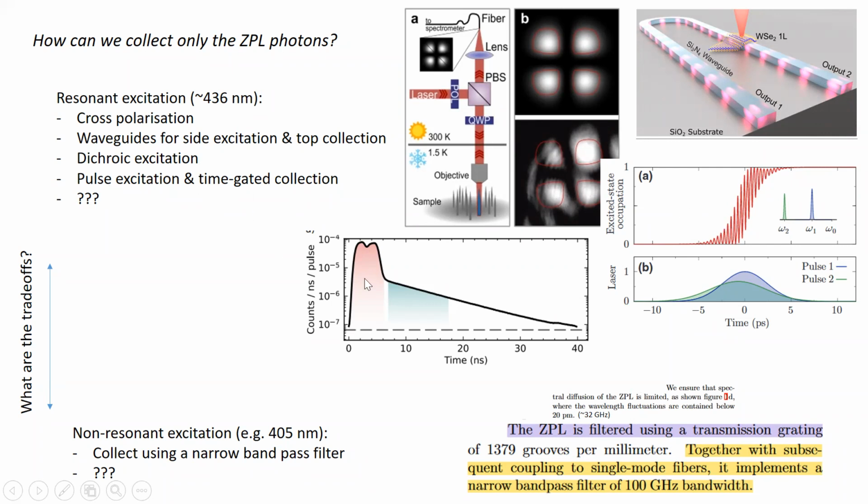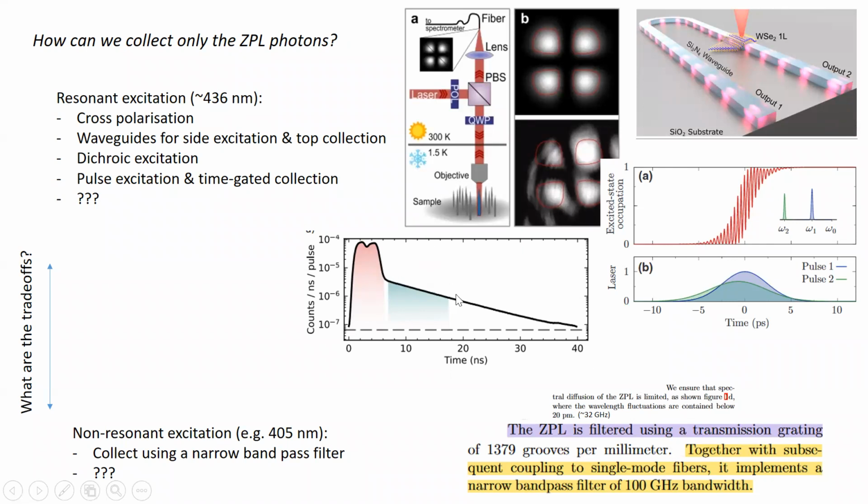And then there's another version where you have pulse excitation, and instead of collecting everything that you get from this pulse, you just try and open the gate for collection as late as you can, so that you're not collecting much of the laser, but you're still capturing the fluorescence from the emitter.